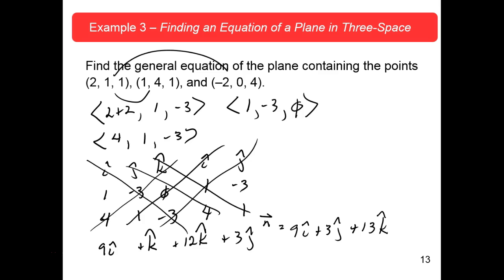Okay. Now what do we do with that? General equation. How do we do that? 9x plus 3y plus 13z.